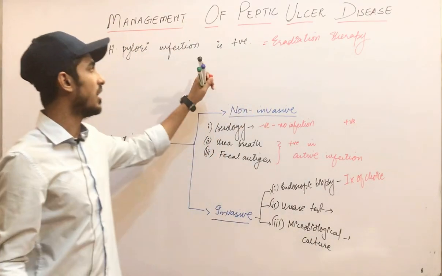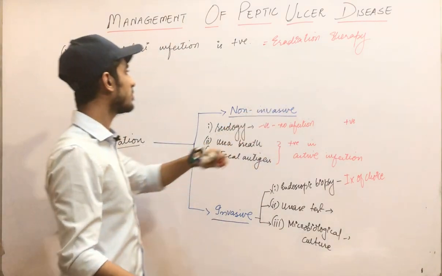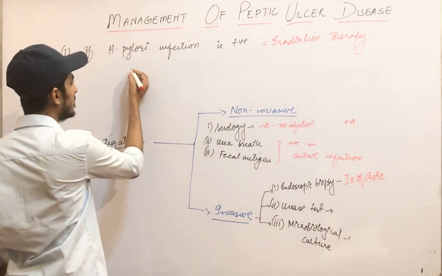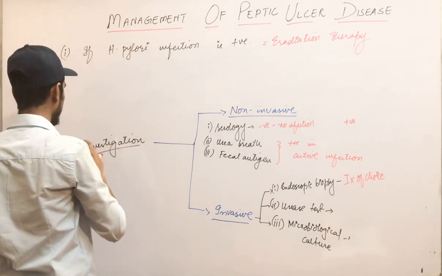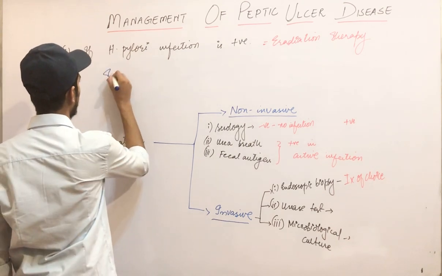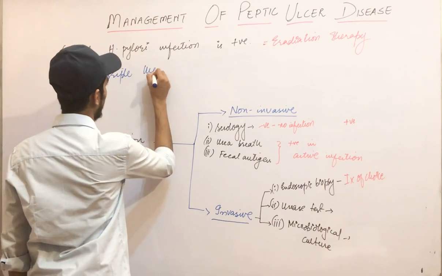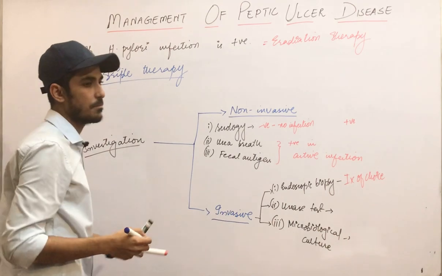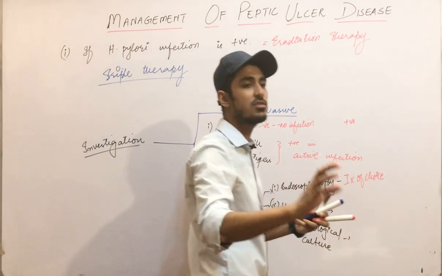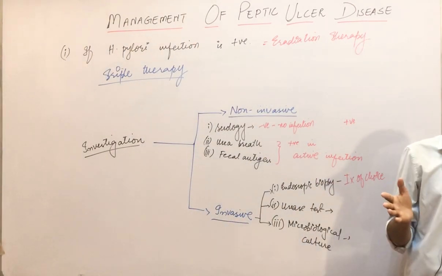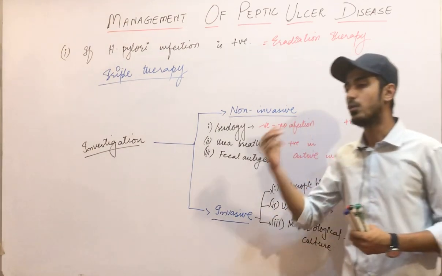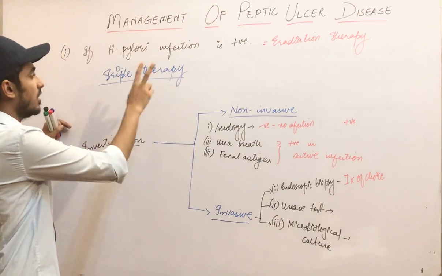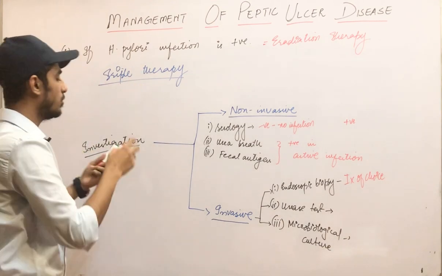This therapy consists of two regimens: one is the triple therapy and the other is the quadruple therapy. First we are studying the triple therapy. It consists of one PPI, that is the antacid, and two antibiotics.